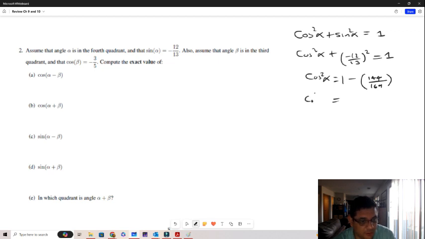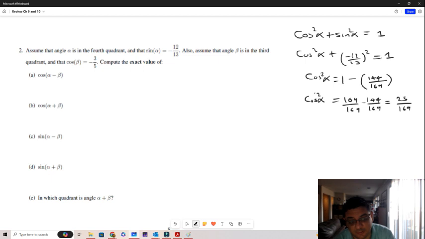So cosine square of alpha is going to be 169 over 169, that's how I can write 1, minus 144 over 169. When I do this subtraction, I'm going to get 25 over 169.